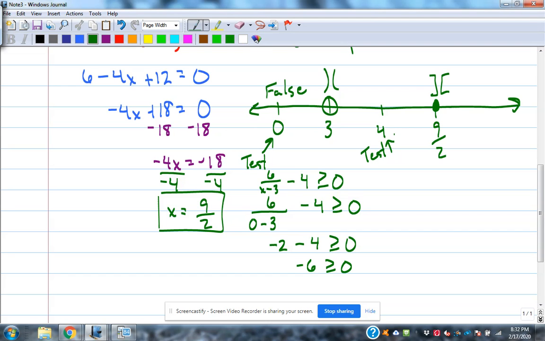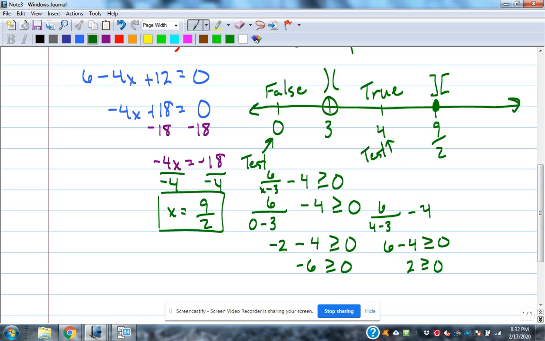Test the number 4. So that'd be 6 over 4 minus 3 minus 4. So that'd be 6 over 1. 6 minus 4 is 2. Is 2 greater than or equal to 0? Yeah, it's true. So that area is true. So that means those are answers. Anything bigger than 3 and less than 9 over 2, right now that's the solutions.